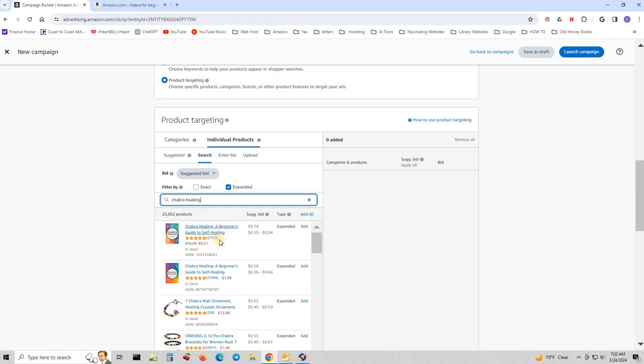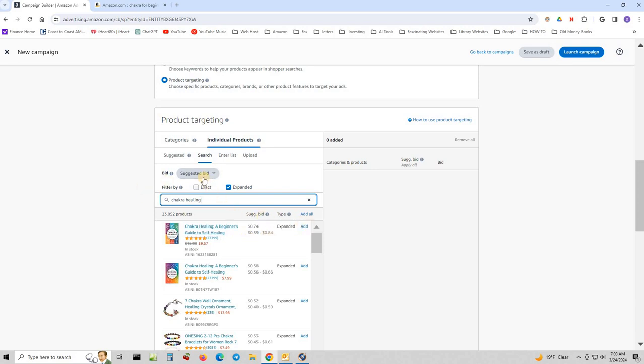Okay, so there they are. 27,000 reviews this book has. That is a lot of reviews. That's how popular Chakra is. Very interesting. Kind of makes me want to ghostwrite a couple more cheap books. But anyways, so you just add it.